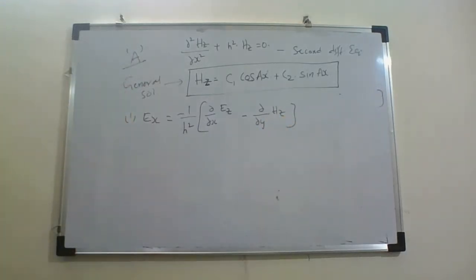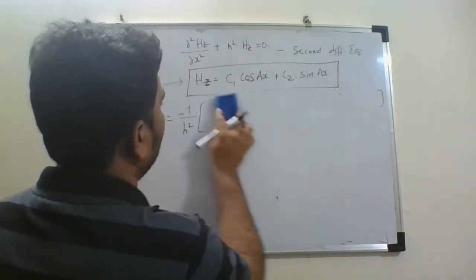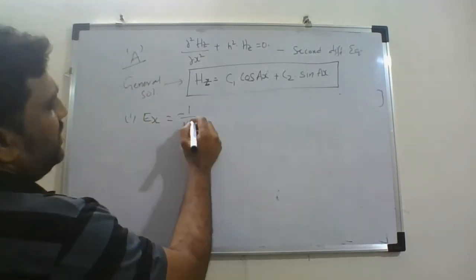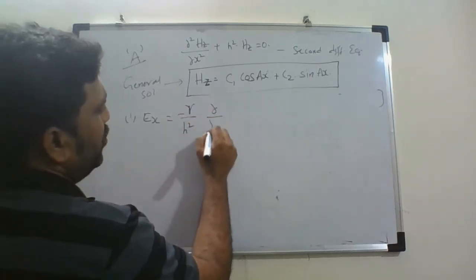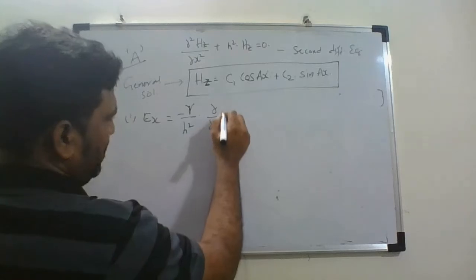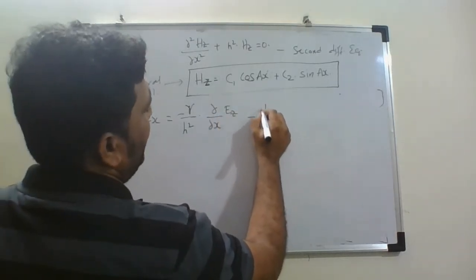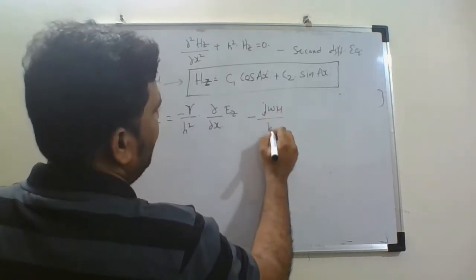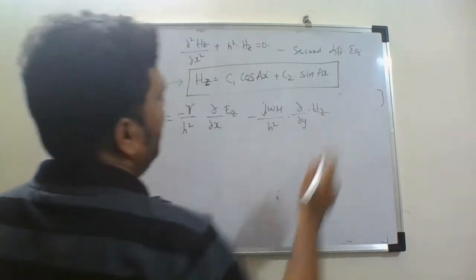Sorry, just a second, small correction. Ex is equal to minus γ by h² into ∂Ez/∂x minus jωμ divided by h² into ∂Hz/∂y.